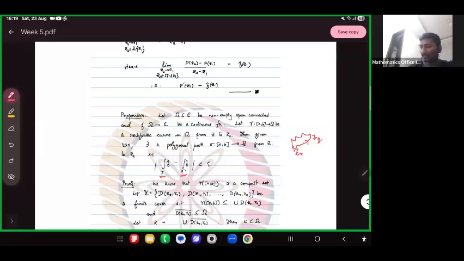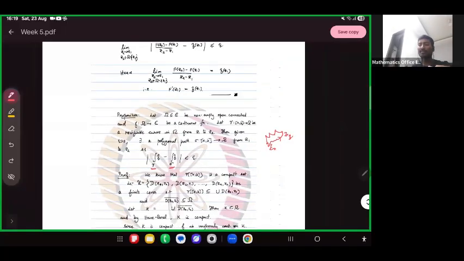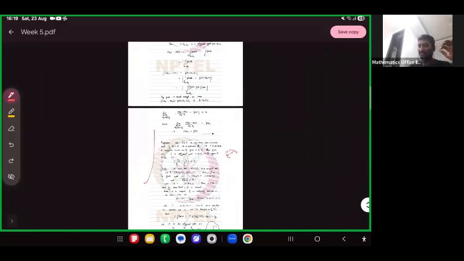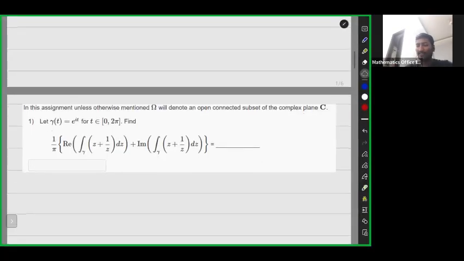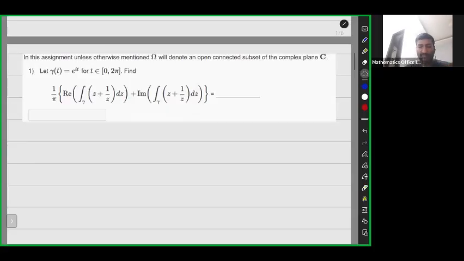Both these integrals will be the same. Now, after this, let's see the exercise problems, and we'll use these results whenever needed, assuming that you know all of this from the class notes.